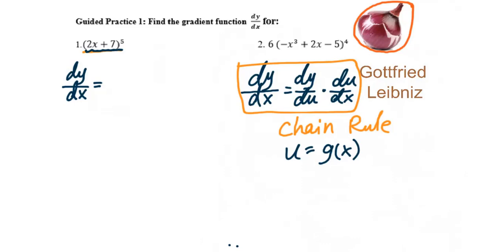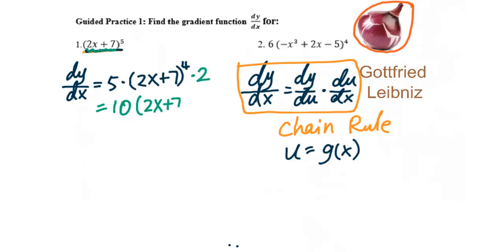So use power rule. You drop down the 5. Inside don't change. So you get (2x plus 7) to the fourth power, because 5 minus 1. Then you do the derivative of 2x plus 7. That's 2. Then you organize, you will get 10 times (2x plus 7) to the fourth power.